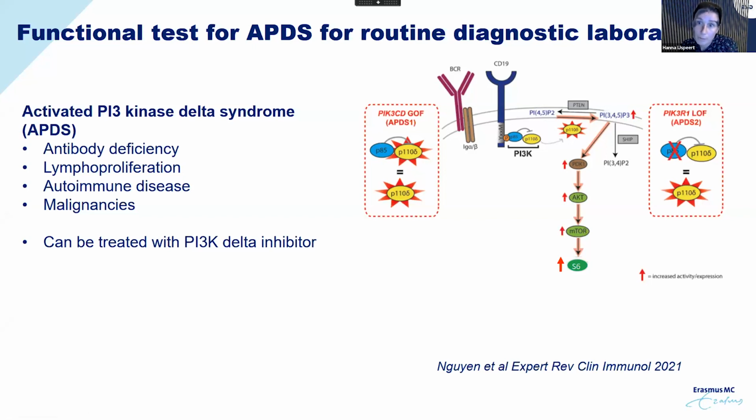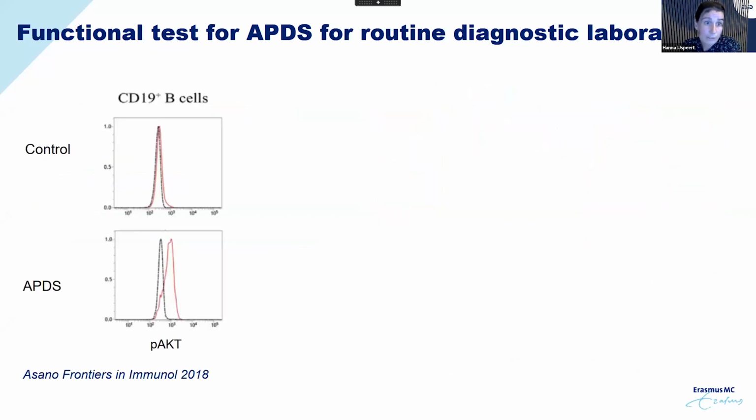So PI3 kinase signaling is downstream of the B cell and the T cell receptor. So you can see in these patients increased phosphorylation of AKT and increased phosphorylation of S6. If you look in literature, many publications described increased phosphorylation of phospho-AKT in patients with APDS, even in unstimulated cells.